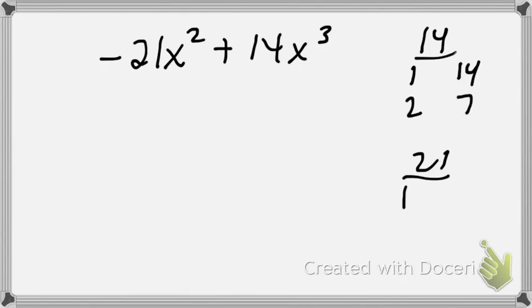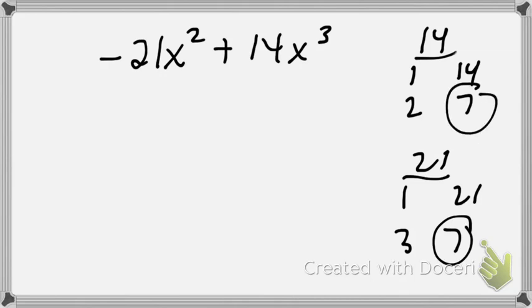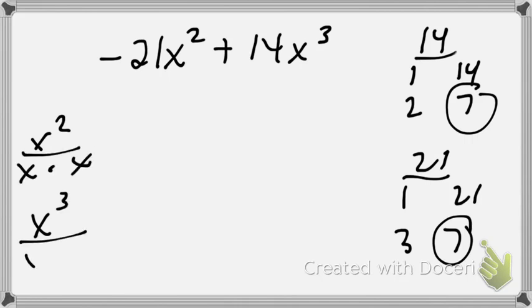For 21, we have 1 and 21, and 3 and 7. 7 is common, so we're going to be pulling out a 7. Now we have x squared and an x cubed. So x squared is x times x. X cubed is x times x times x. How many x's do both share in common? Well, they share 2.